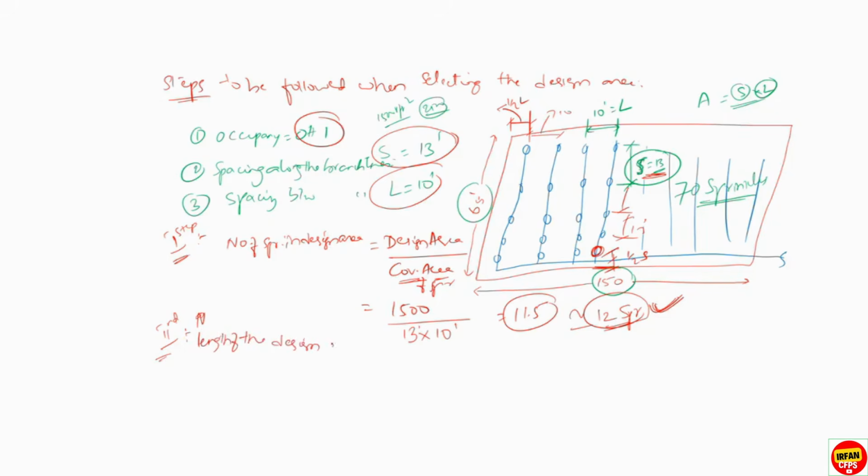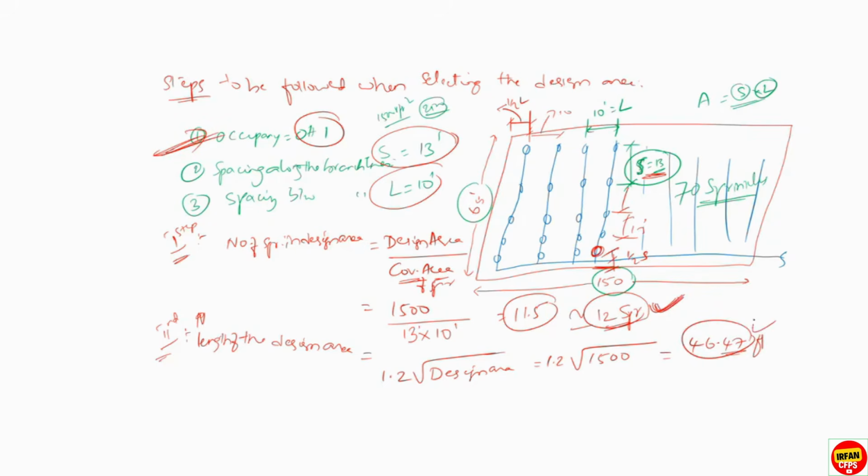You already know from the previous slide, 1.2 times the square root of the design area is the length of the design area. So 1.2 times square root of 1500, because here we say ordinary hazard occupancy. So we will get 46.47 feet. This is the length.